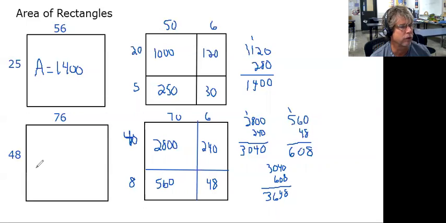So this rectangle over here would be 3,648. So I could determine the area, instead of just multiplying 76 times 48, you can break it into smaller rectangles, find the area of those, and add those all together to get your total area of 3,648 squares.